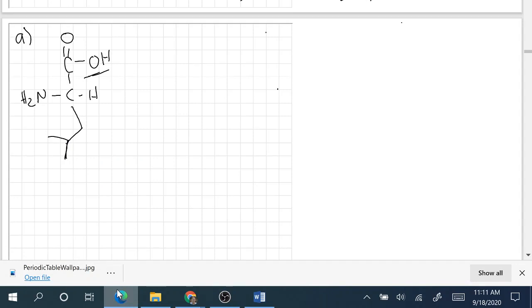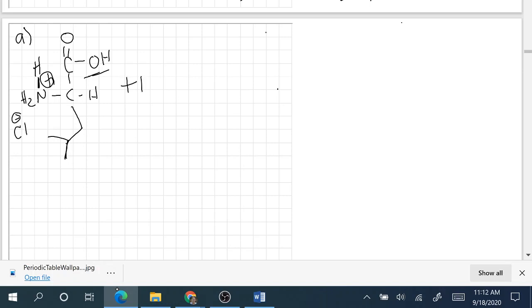Okay, so the first one we have is leucine hydrochloride, and so what does that look like? Well, a lot of amino acids are generally sold as HCl salts. So if you look this up, you're going to find that the amine group reacts with HCl, and what this does is it precipitates the amino acid as a salt, and so we have this form here.